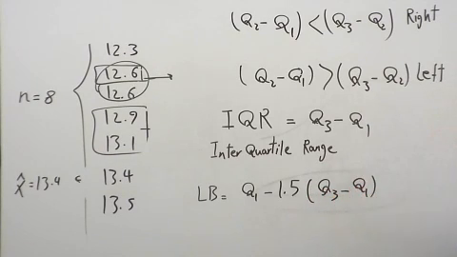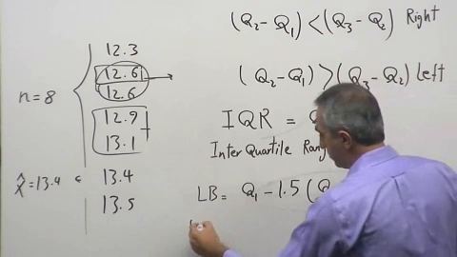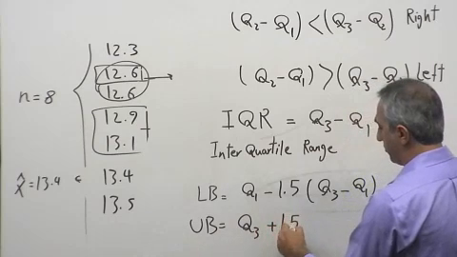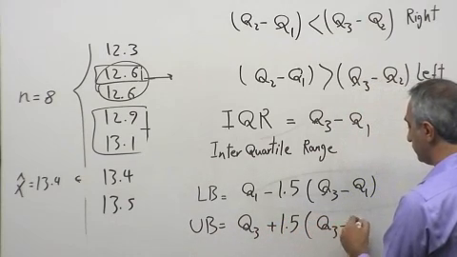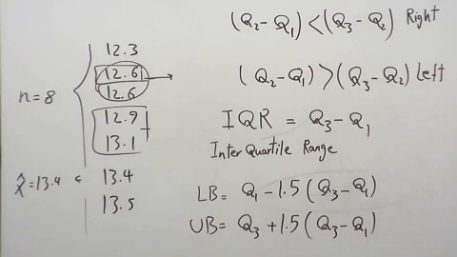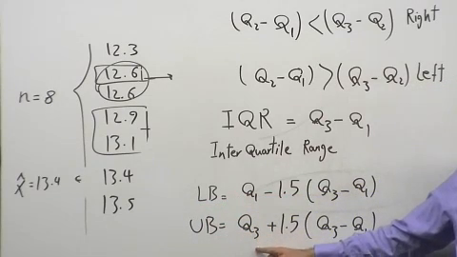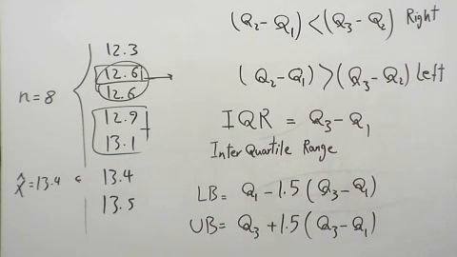The upper bound is Q3 plus 1.5 times IQR. So if your data point is less than the lower bound or greater than the upper bound, then it's considered an outlier.